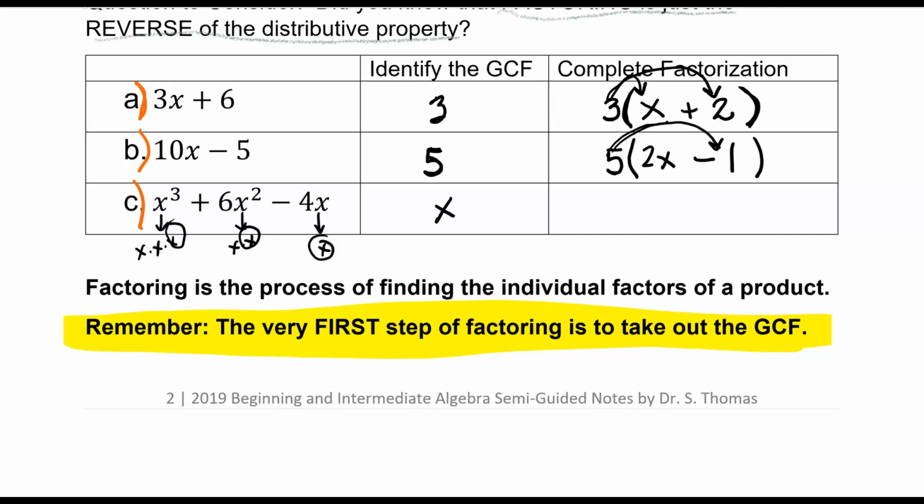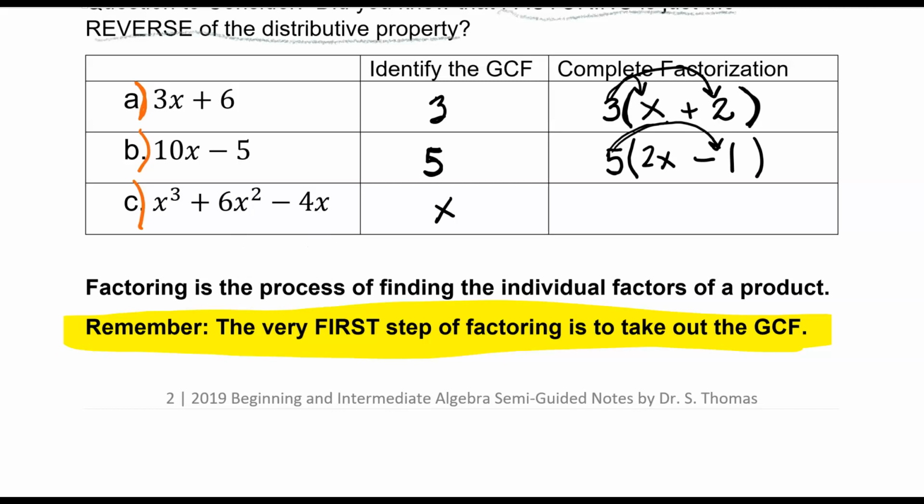We don't have x cubed in common because, again, both of these 2 terms don't have enough to say we have x cubed in common. So there you go. x is what we have in common at that point.